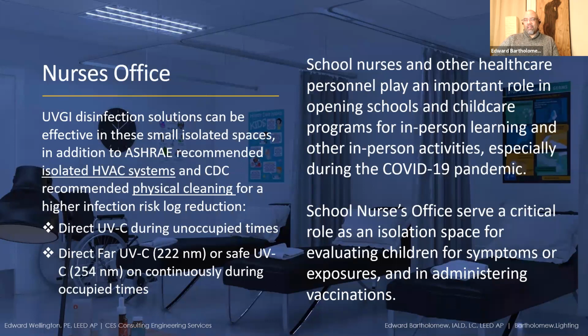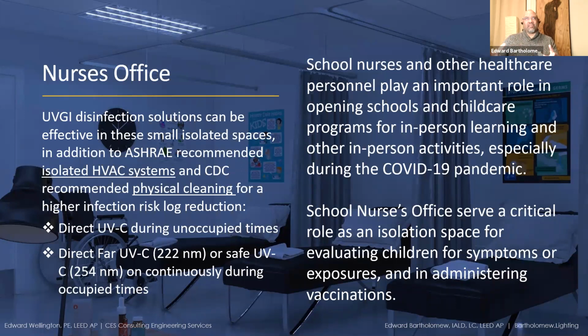Another space that I think is a key candidate within a school that can utilize UVGI disinfection are the nurses' offices. On top of the nurses' offices, we also have isolation spaces that are being recommended so that you can take infected students and or personnel and get them out of the general population and isolate them.